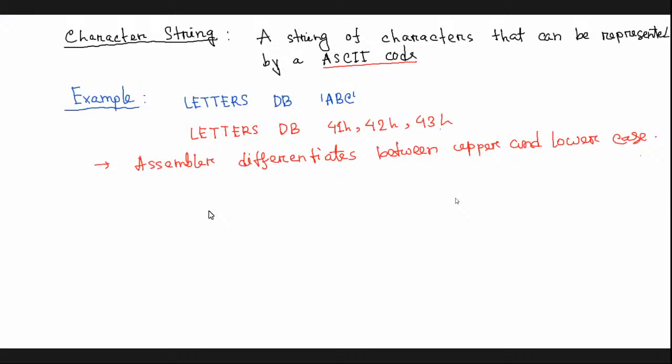So if you want to write, it is written here in uppercase. If you write the same program in lowercase, you can write letters DB and lowercase small a, small b, small c.